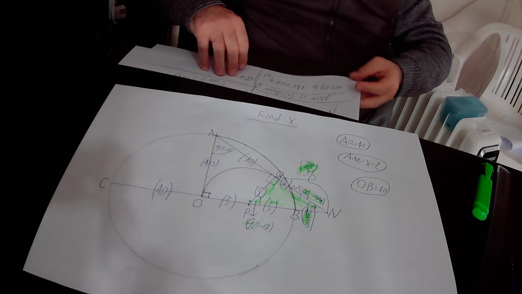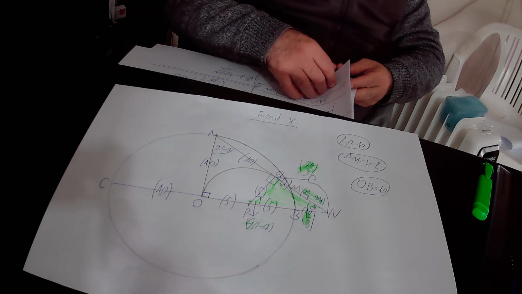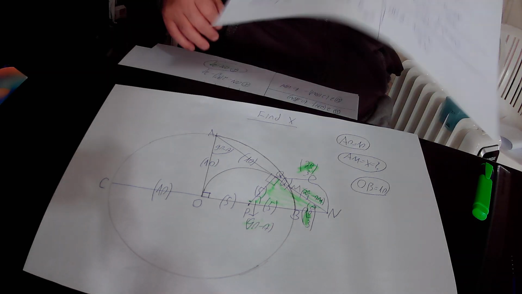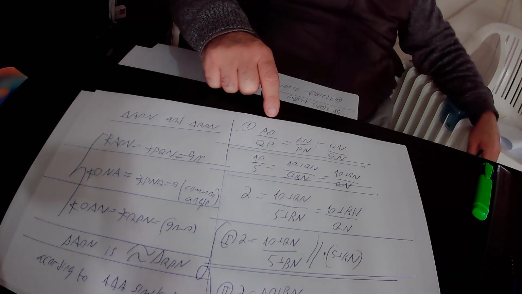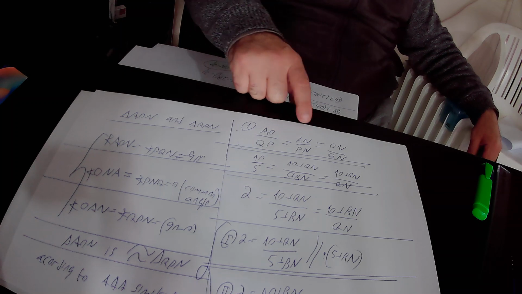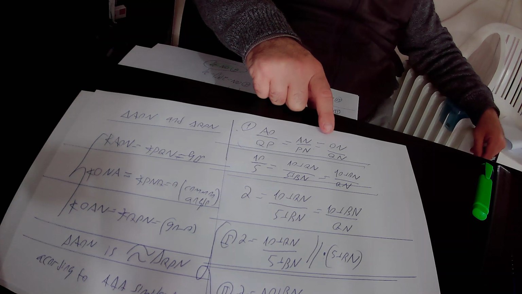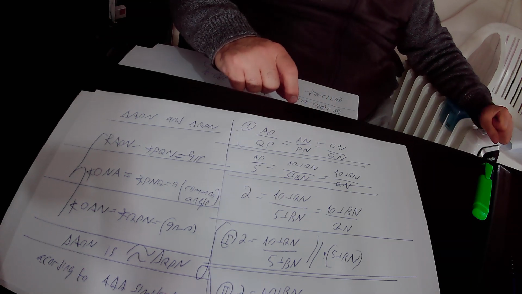We will derive that AO in the big triangle over QP in the small triangle equals AN in the big triangle over PN in the small triangle, and it equals ON in the big triangle over QN in the small triangle.